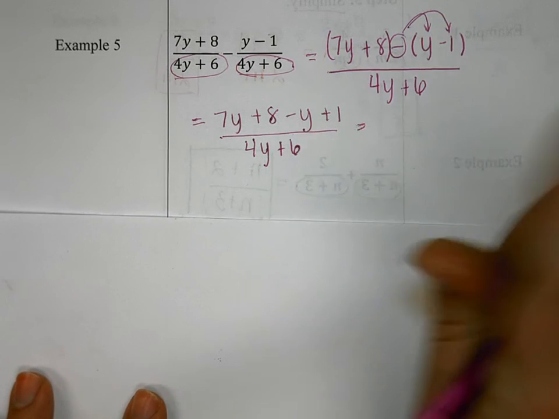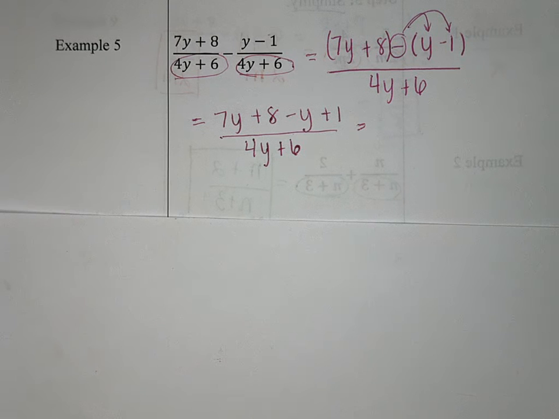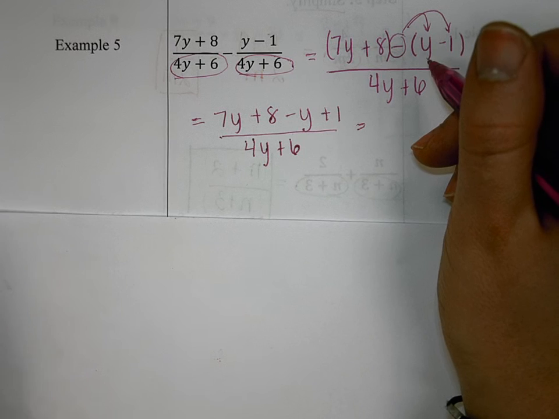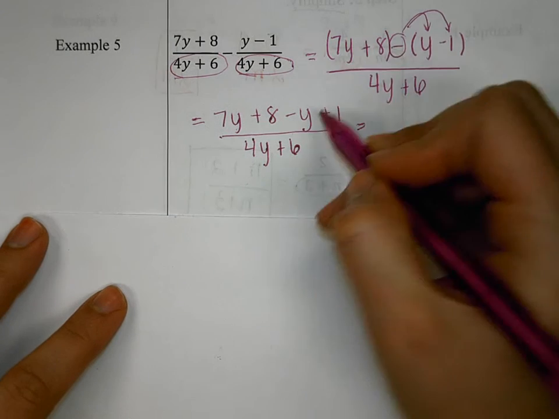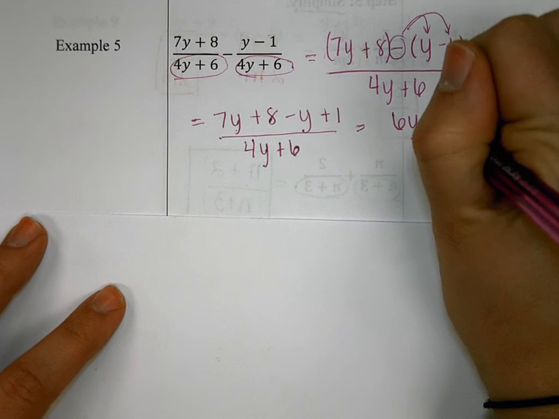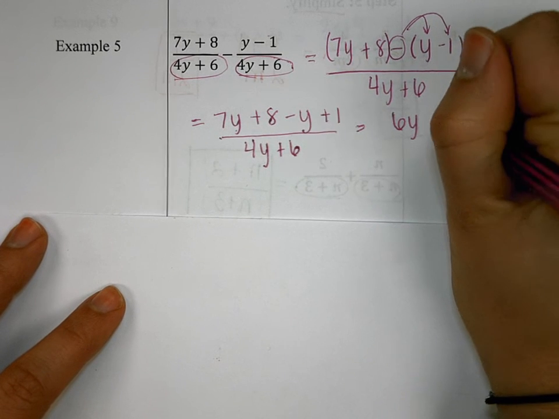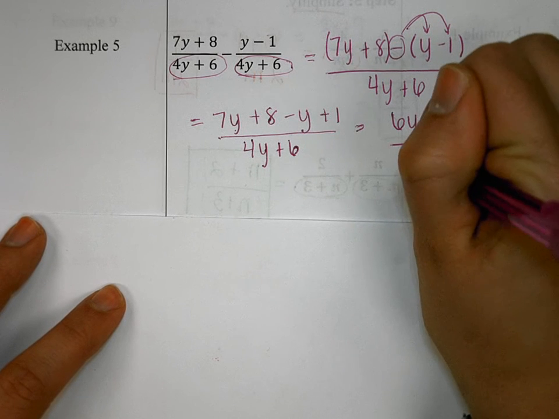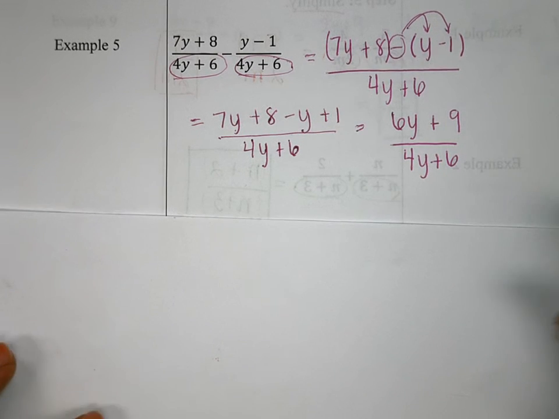What can we do in the numerator now, guys? 7y minus y. So we're going to combine like terms. 7y minus y gives me 6y. 8 plus 1 gives me plus 9, all over 4y plus 6. Do you think I am finished?